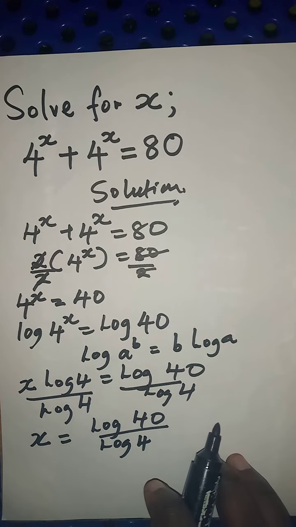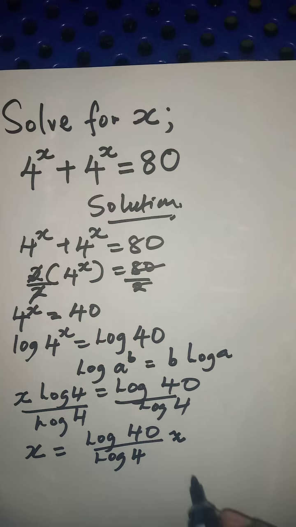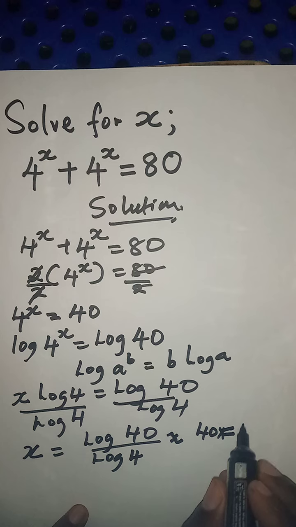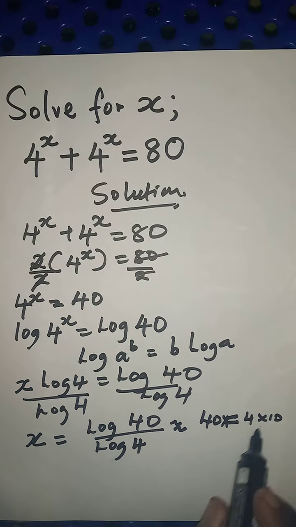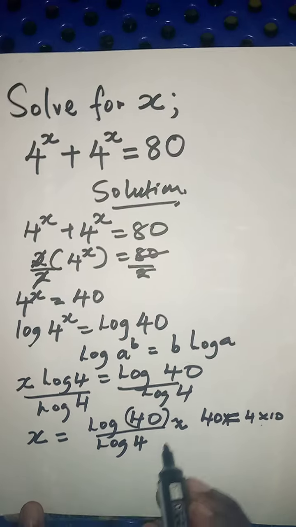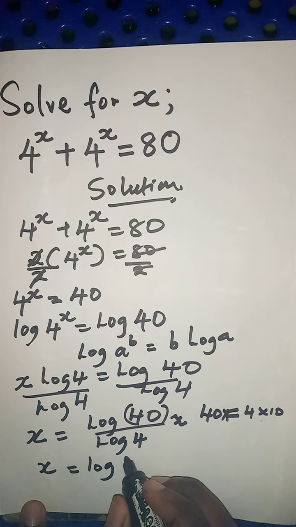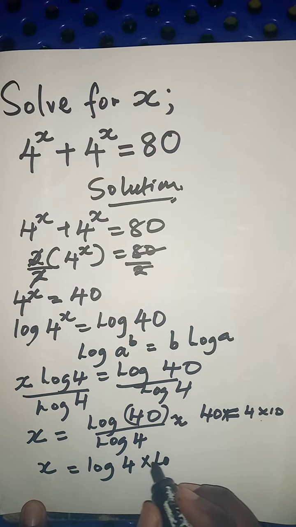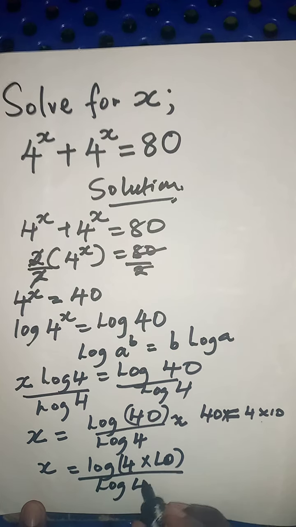At this point, it looks nice, but simplifying it, I know 40 can be written as 4 times 10. So replacing this here, the value of x now becomes the log of 4 times 10, everything over the log of 4.